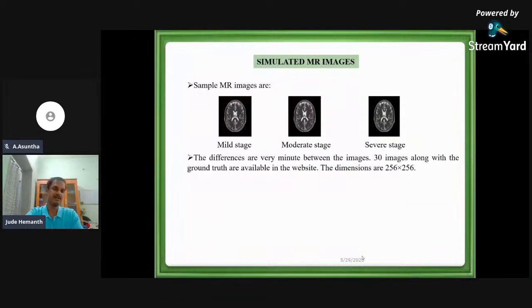And if I do not show you the name as mild stage, moderate stage, and severe stage, even I feel it is very difficult to see where the tumor portion is, right? Even in such cases, your network should be able to classify or identify the abnormality.